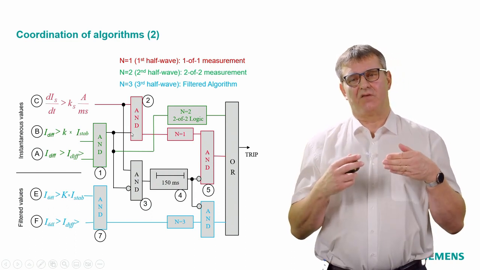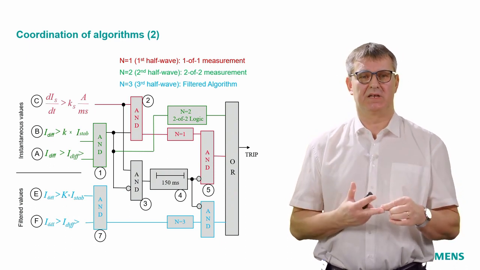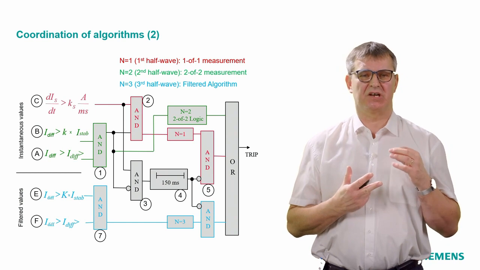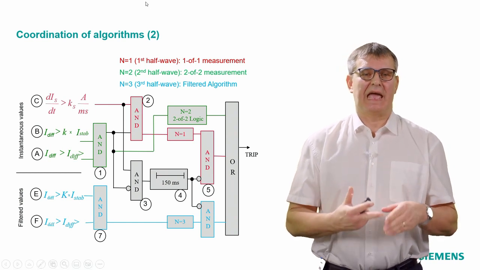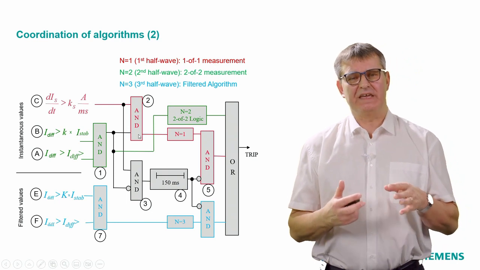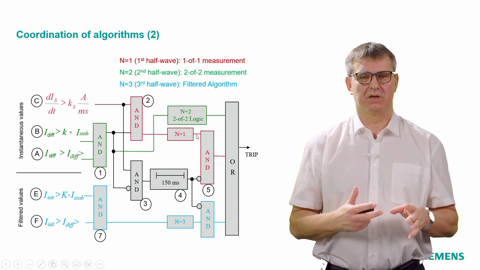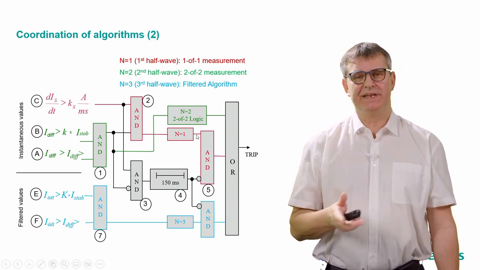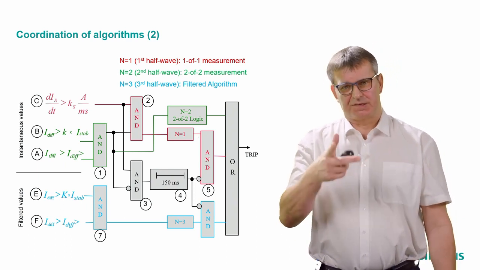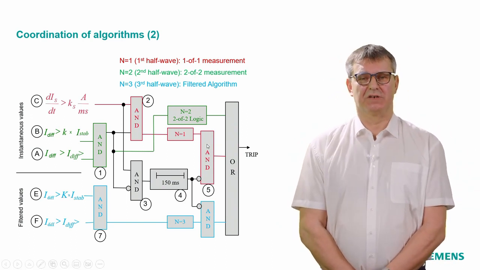If we have in parallel together at the very same moment a jump of the stabilization current, and we are in the tripping area, then we can be sure it's a high current internal fault. And we will immediately trip, that's these red bars, we will immediately trip according to the 1 out of 1 algorithm.